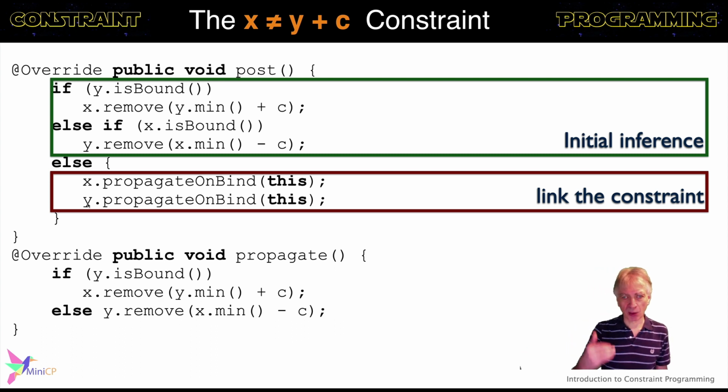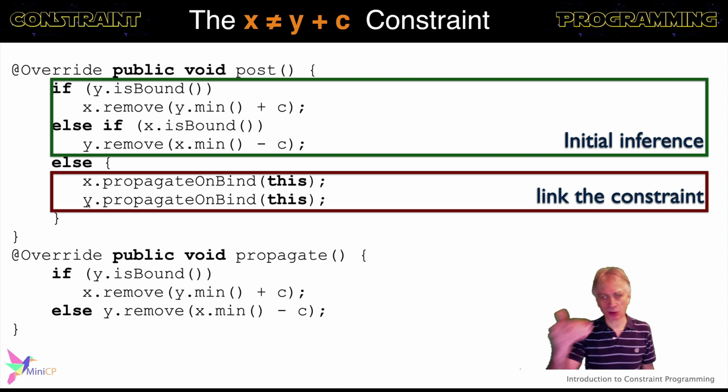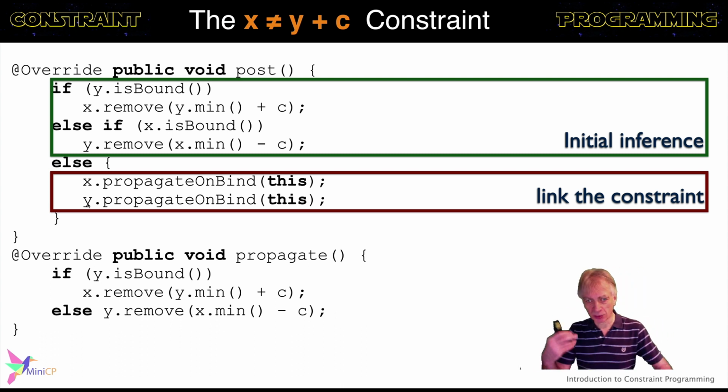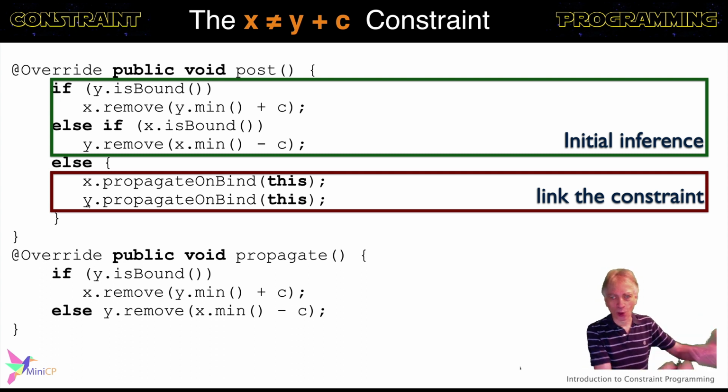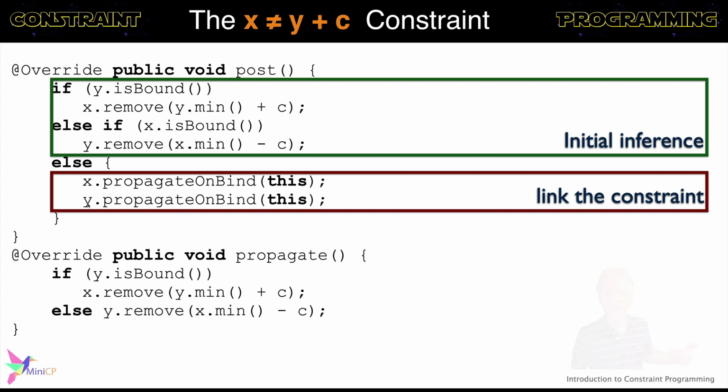You tell y, propagate this constraint when you become bound. So what's going on behind the scene, obviously, is x is going to add this constraint in one of its lists of constraints, one of its stacks of constraints that we have seen in the previous video, right? So this is linking the variable and the constraint such that they propagate at the right time.